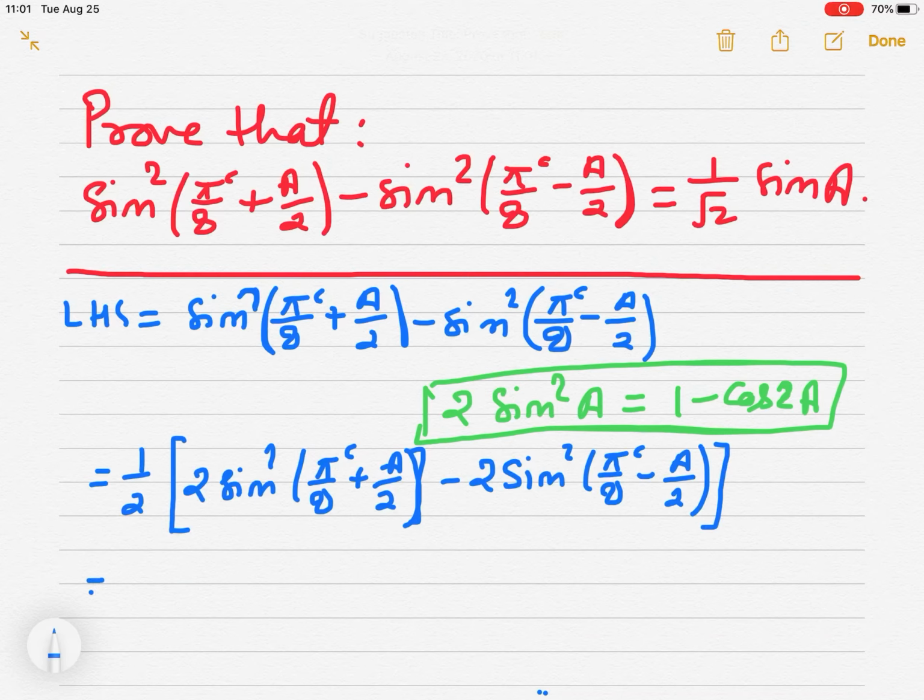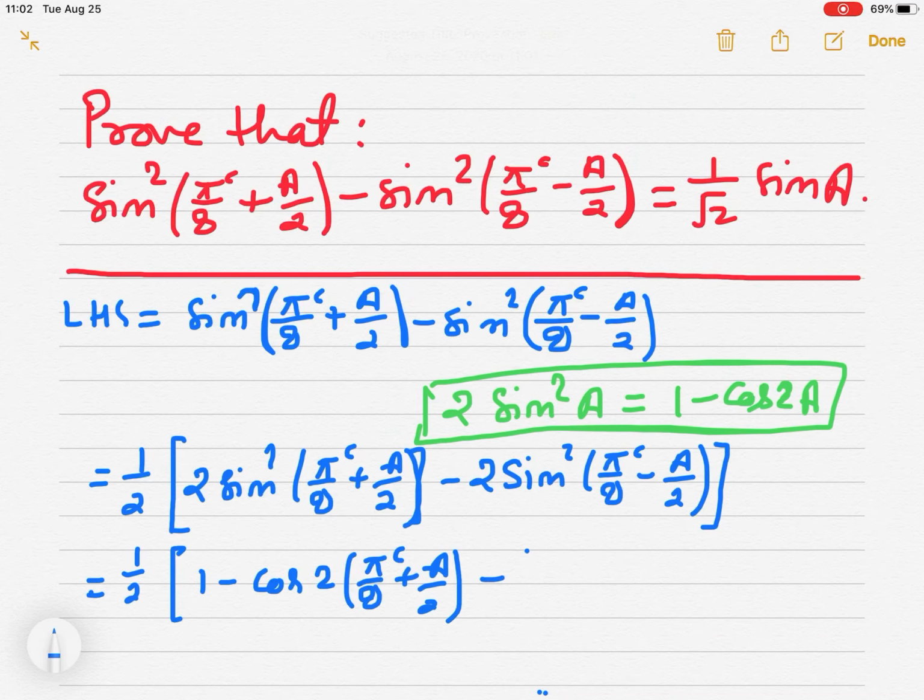So this can be written as 1 by 2. Now in 2 sin² A, this whole we can consider as A. So π/8 + A/2 we consider as A. So the 2 sin² A formula is 1 minus cos 2A, which gives us π/8 + A/2 doubled.